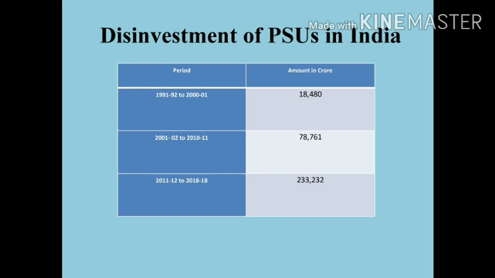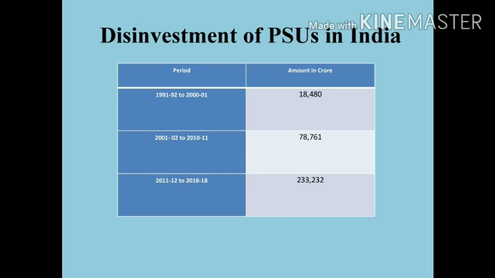There were 331 central public sector undertakings in India in 2017-18, out of which 257 were in operation. If we take the decadal statistics, from 1991 to 2000-2001, the government received 18,480 crore rupees through the sale of public sector undertakings.